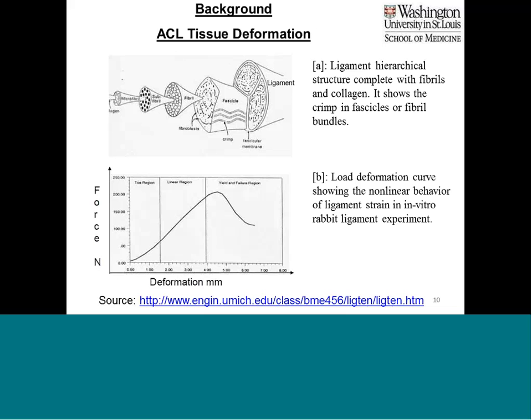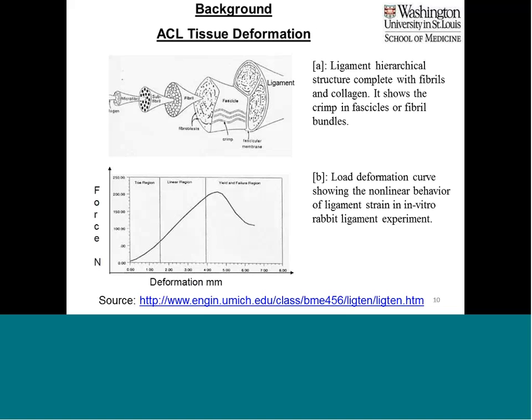So the ACL deforms in a force-deformation way that is shown in the second diagram. We generally have an exponential toe region through which the ACL slightly deforms, followed by a linear region, and then that is followed by yield and failure.